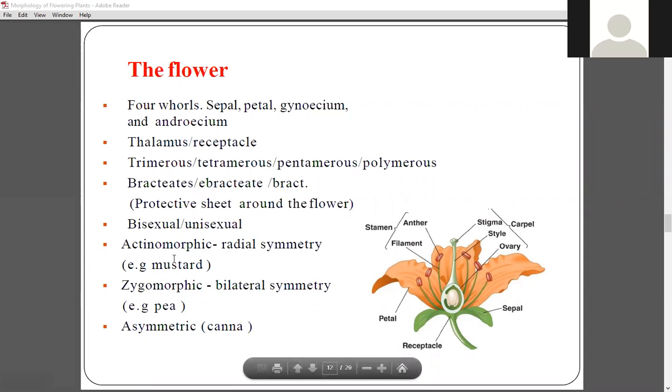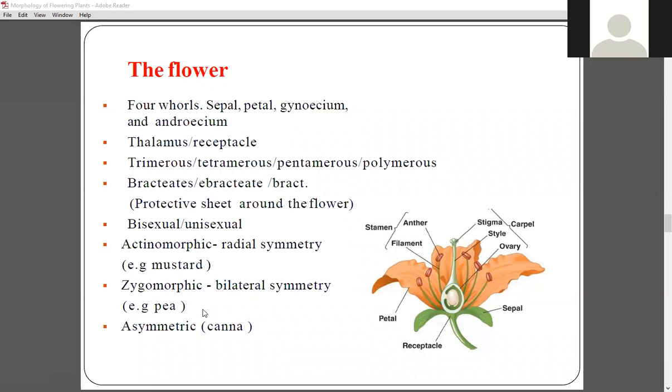When we talk about actinomorphic, the flower can be divided into two equal parts when you cut it through any plane passing through the center. The example observed for actinomorphic is the mustard, right?